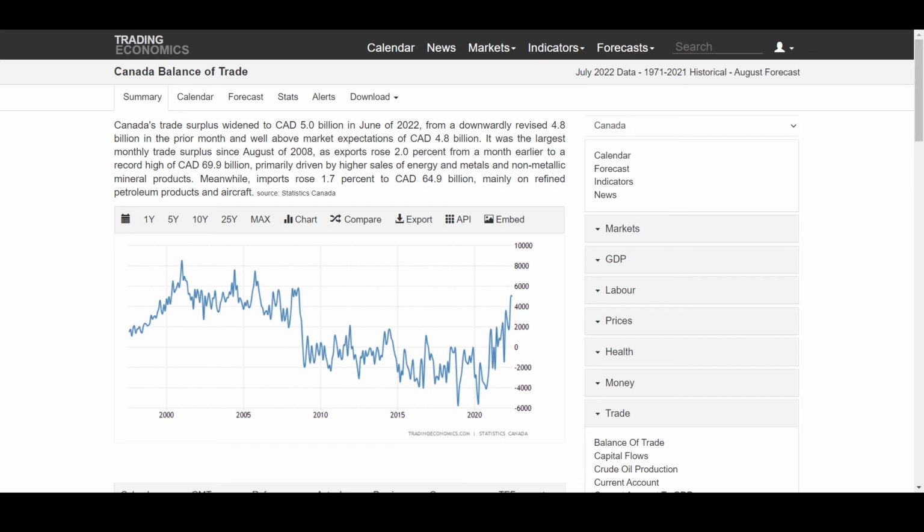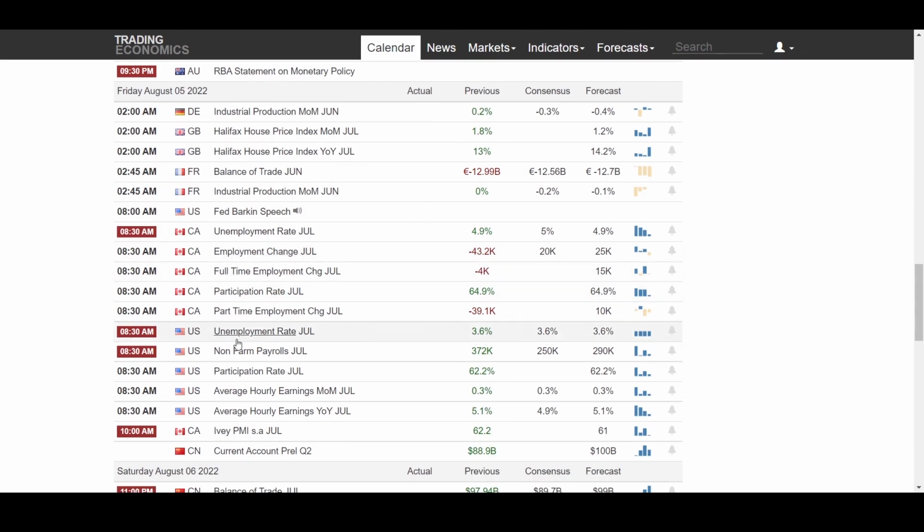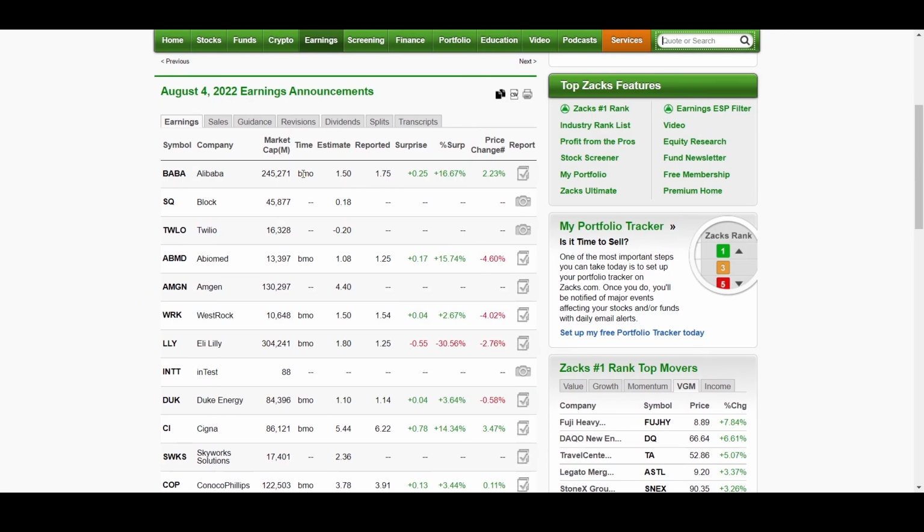So in terms of the economic calendar, tomorrow we have the very important non-farm payrolls, which is also highly expected to bring around 300k units. In terms of earnings, we already had Alibaba, which turned out positive, surprised by 16%, and it resulted in a price change of around 2.2%.